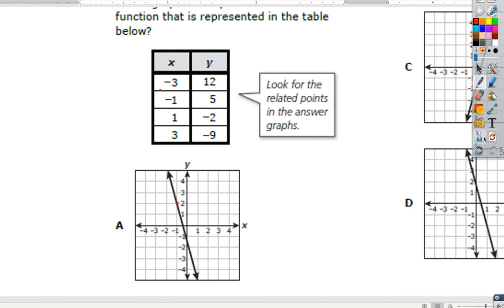Negative 1, 5 actually is way up here, right? So negative 1, 5 already did not fit graph A. So do the same thing for all your graphs. Go to 1, negative 2, and notice how it doesn't match. 3, negative 9 might have matched, but it didn't, right? So keep going from there.